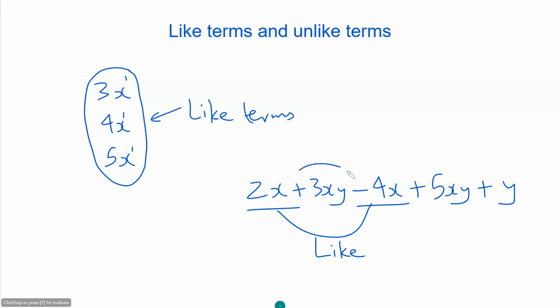If you look at these two terms, 3xy and 5xy, you can say that they are also like terms because they have the same variables xy and the same powers as well. If this had been 5x squared y, they would become unlike terms because the power of x here is different. And finally, you have a term y for which you don't have any like term. So that's the meaning of like and unlike terms.